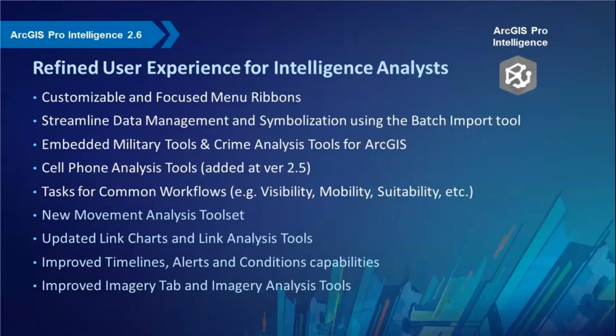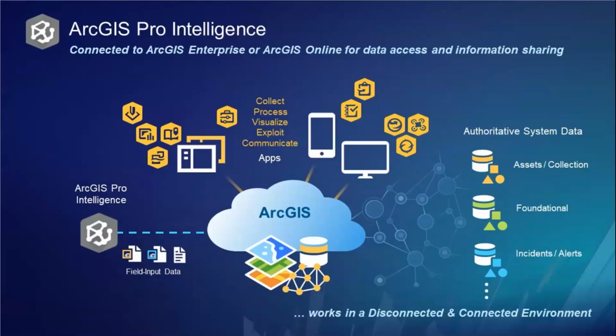All these tasks are available, and you can also add your own task if you want. And then with 2.6, you now get these new movement analysis tools, updated link charts and link analysis tools. We have improved timelines, alert and conditions capabilities, and as I mentioned, the improved imagery tab and imagery analysis tools, and more.